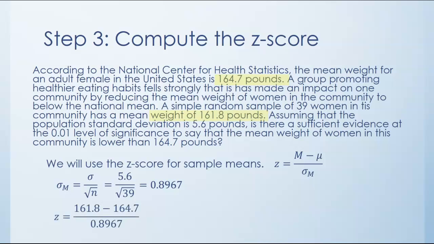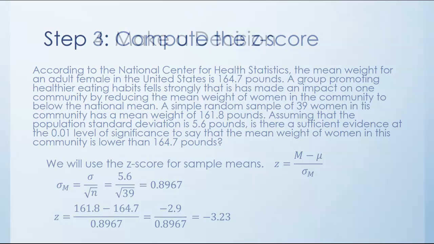So now calculating our z-score, 161.8 minus 164.7 divided by that standard error. So now we have negative 2.9 divided by 0.8967, and we end up getting negative 3.23 as our z-score.